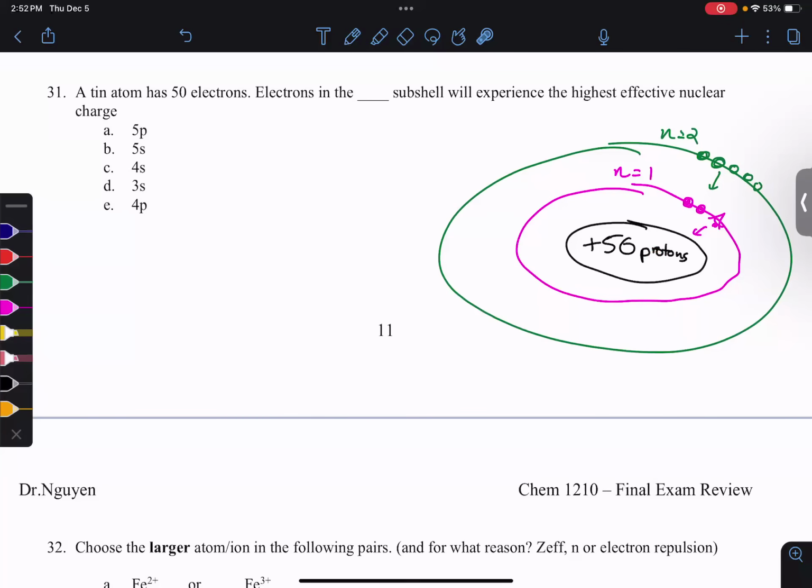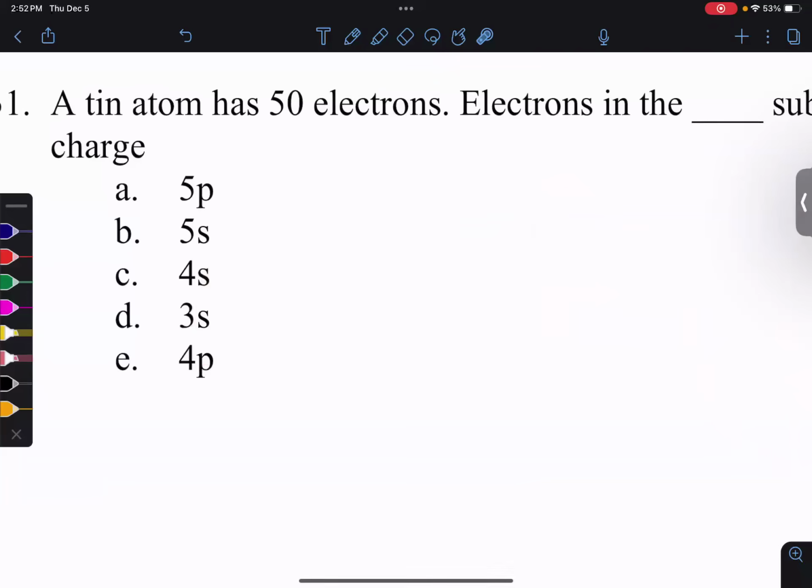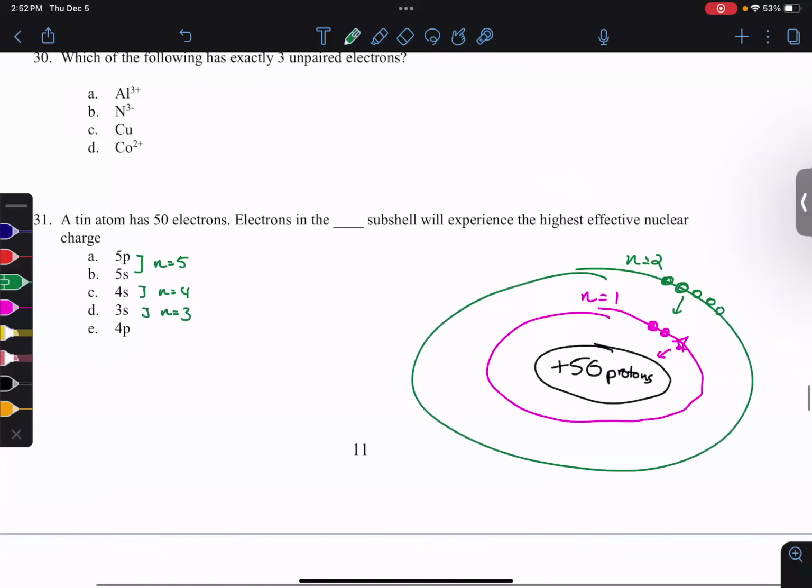So with that in mind, let's look at these electrons. Here we have n equals 5 electrons, here n equals 4, here n equals 3. So with what we just did in mind, electrons closest to the nucleus experience the highest effective nuclear charge.